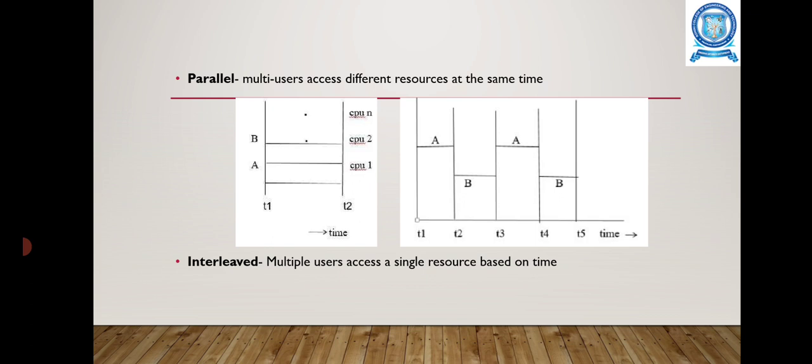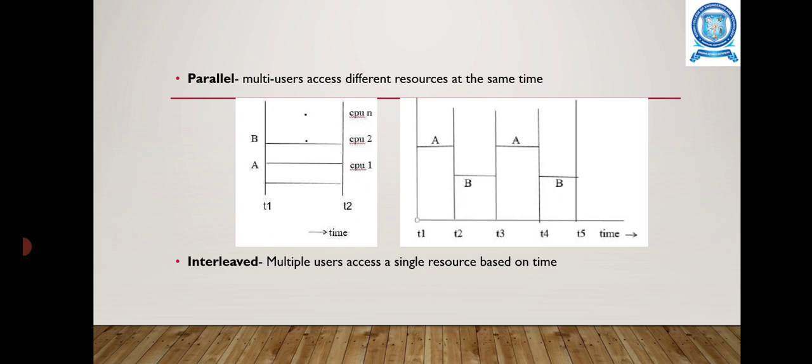Next one is parallel. Parallel means multiple users access different resources at the same time. This is an example: at the time T1, transactions A and B are occurring.